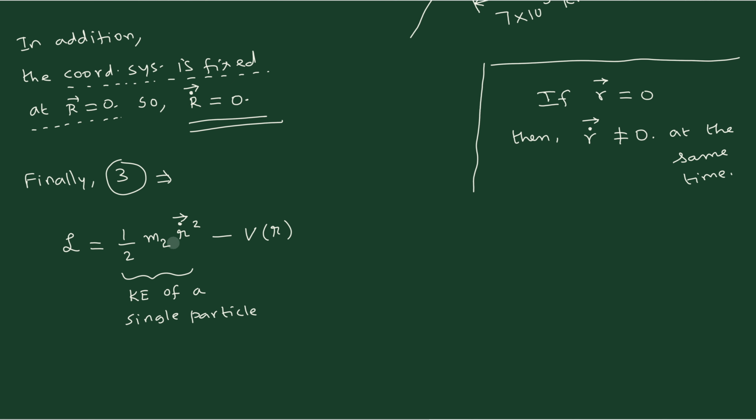M1 is not at all there. M1 is gone, no more. So you only have M2. So only a single mass is there. Therefore, this is the kinetic energy of a single particle, and you have some potential acting on this particular single particle. That's all about it. So you have a potential energy and you have a single particle.